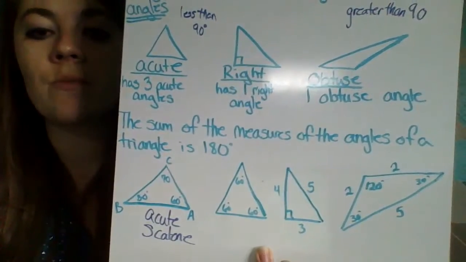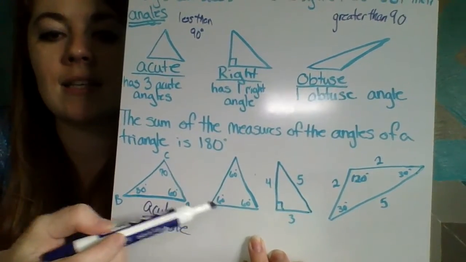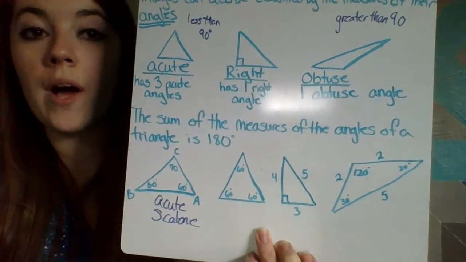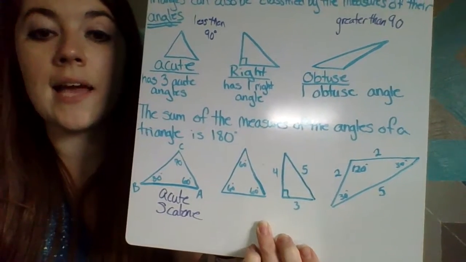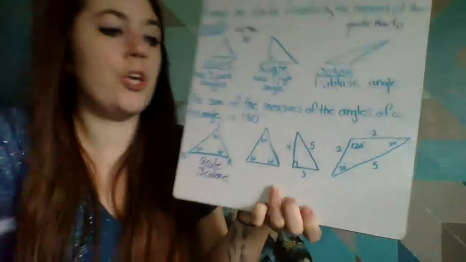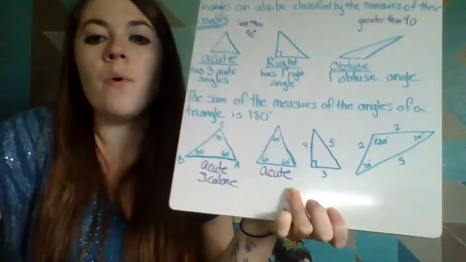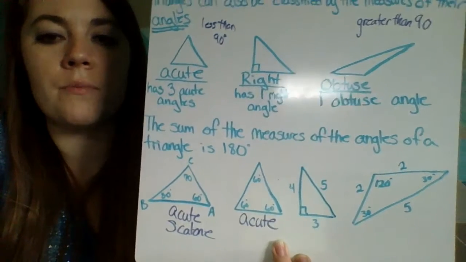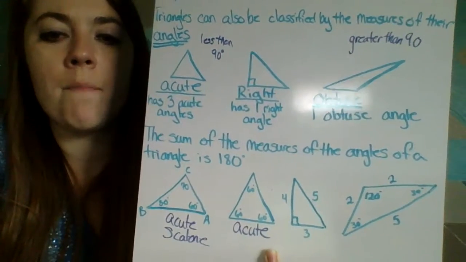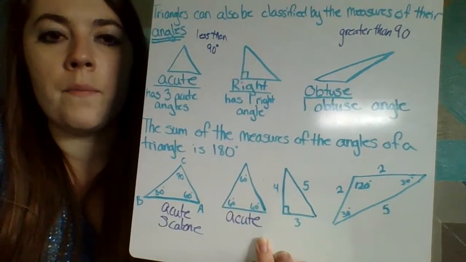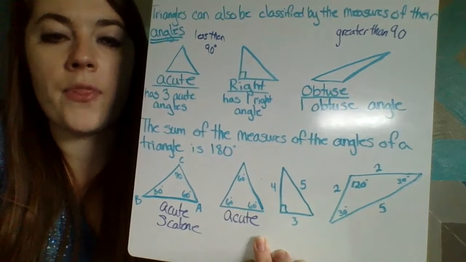All right, the next one, we have 60, 60, and 60. What kind of triangle is this based on its angles? It's acute because they're all less than 90. Excellent. And what about its side measures? It doesn't have a marked side. But remember what I said about the angles.